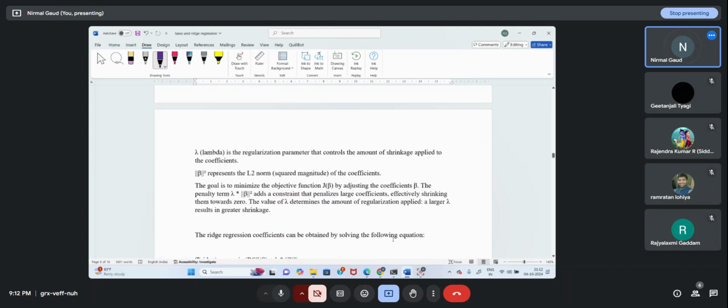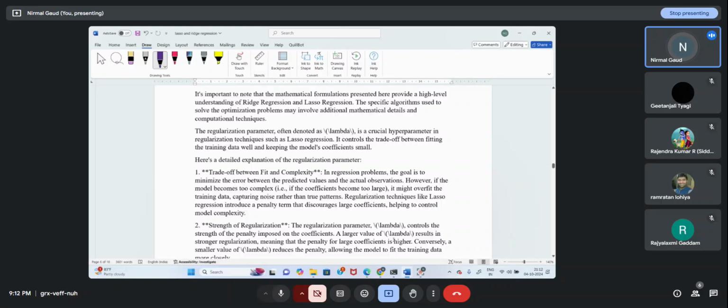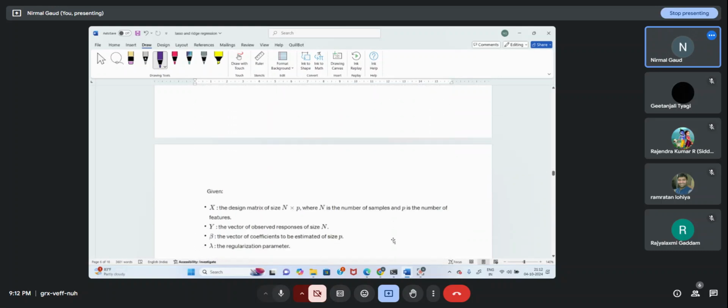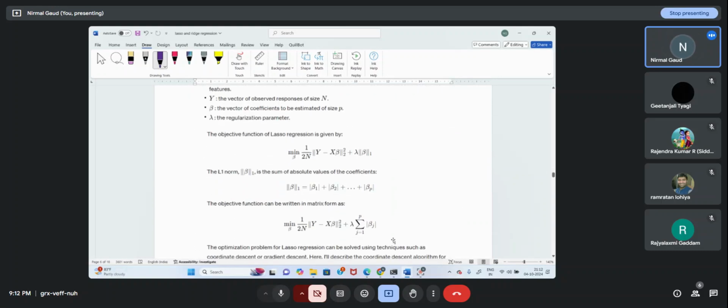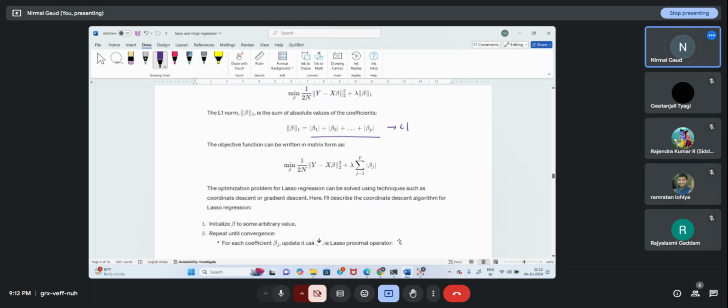Fine. The equations I've already told you; these are the same thing written. Here is some maths which I have already shown you. This is the sum of the absolute coefficients, which means Lasso, L1, and you are writing it with the cost function of linear regression plus penalty.